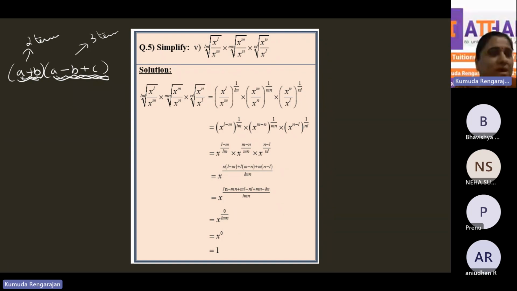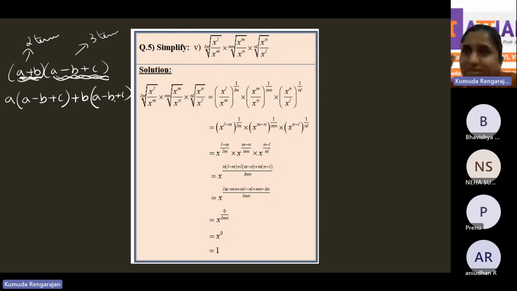You must write the first term A, multiplied by the second bracket A minus B plus C. Then write the second term plus B and multiplied with the second bracket A minus B plus C. You must multiply every term in the first bracket with the second bracket.